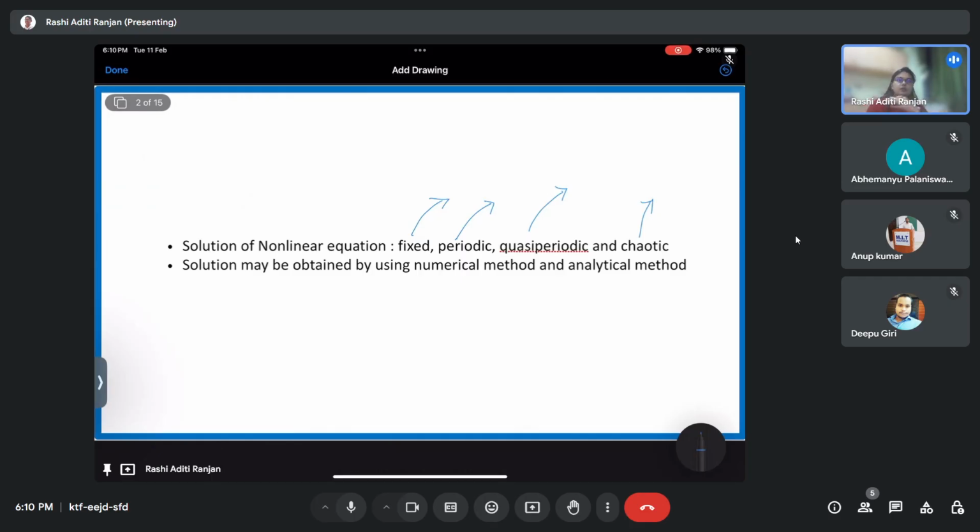Like we did some numerical experiment last week wherein we were changing the initial condition and we saw that the steady state response was always the same.